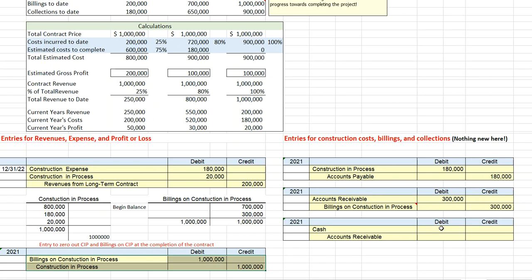As we continue to collect cash on our job, we of course debit cash and we credit accounts receivable. This year we collected an additional $250,000 in accounts receivable. So we will debit cash and credit accounts receivable. Hopefully they will pay us the additional $900,000 next year.